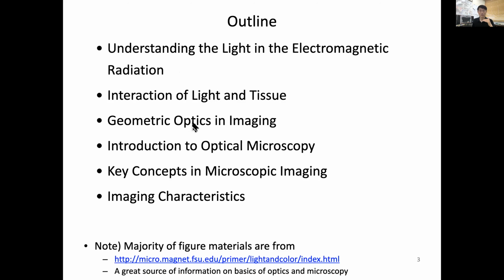Then I will introduce the world of optical microscopy and the key concepts of microscopic imaging, especially how to generate contrast, and some more basics of what you need when you are taking images for your research: a few necessary terms and ideas about imaging characteristics.